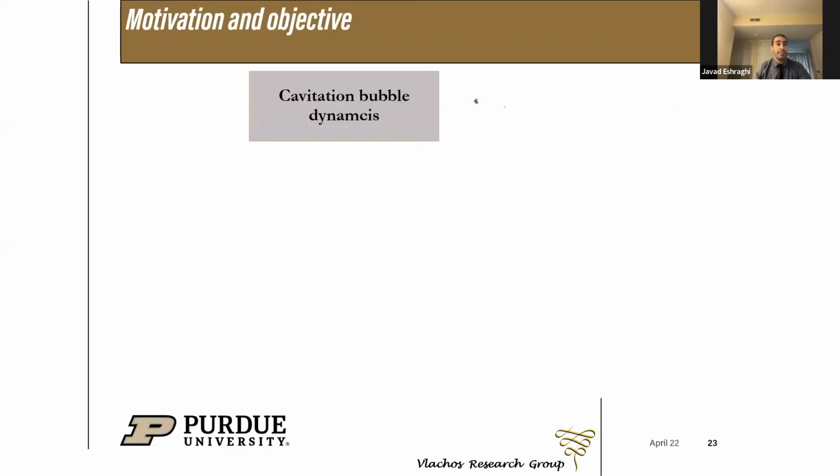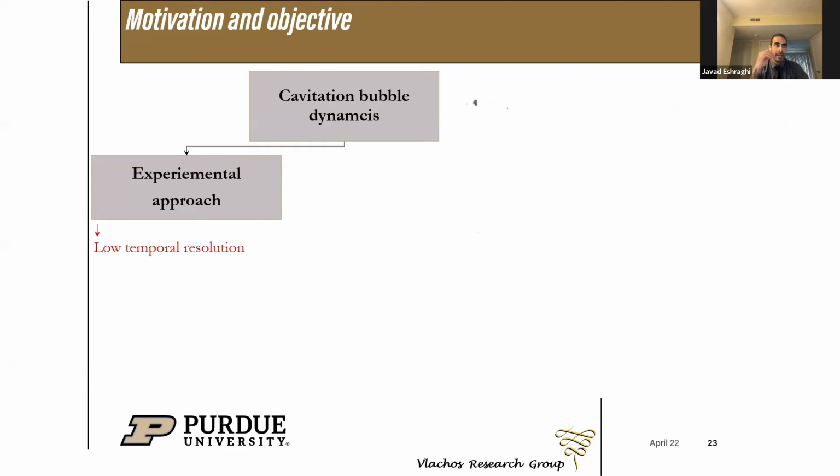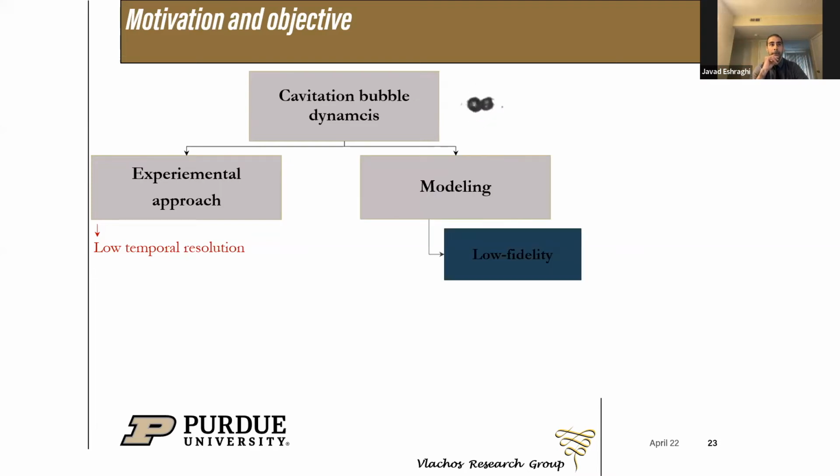Since the collapse of the cavitation bubble is so violent that it generates an intense shock wave and induces high shear stress on the surrounding liquid, we need a high temporal resolution method to characterize this moment. The low temporal resolution of experimental data suggests that a model-based analysis of this problem would be preferable.